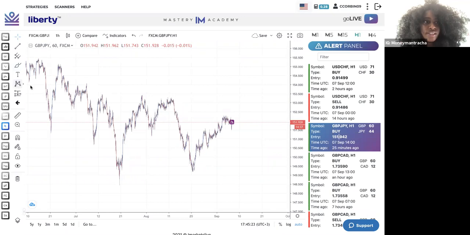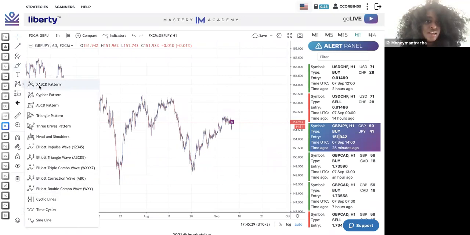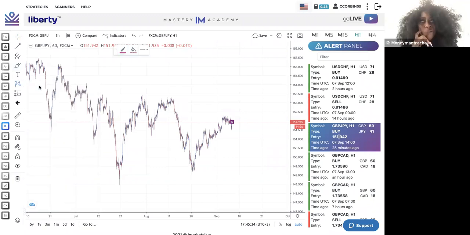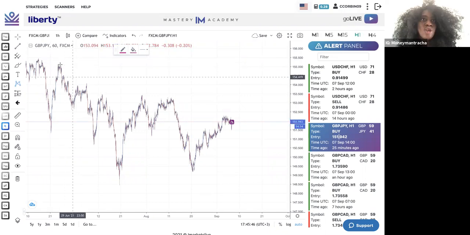You want to click on the XABCD. Now, what the harmonic tool does is it actually shows you those patterns in the market, but you just have to be able to recognize them so you can do it yourself. The harmonic scanner does it for you automatically.